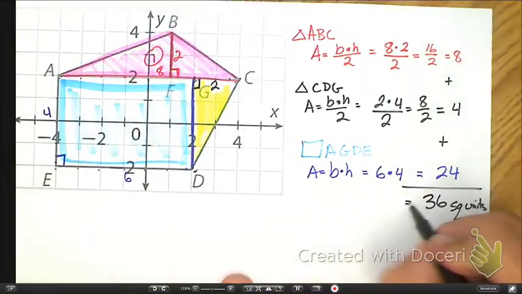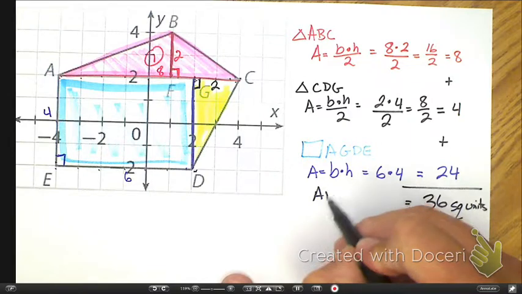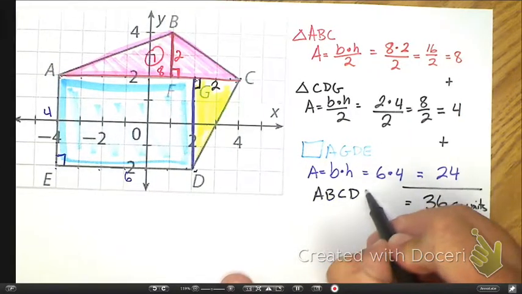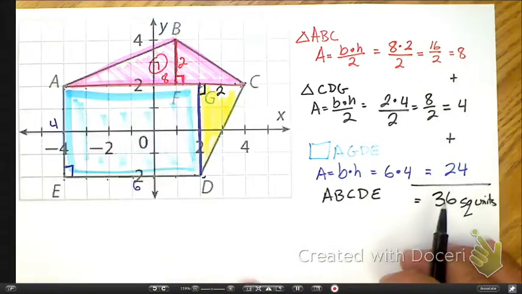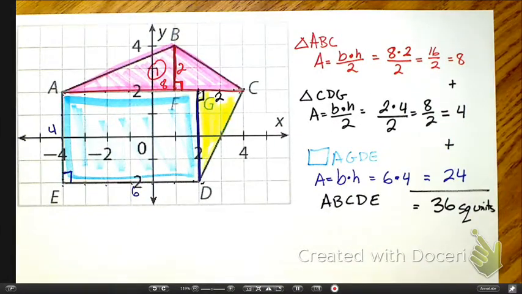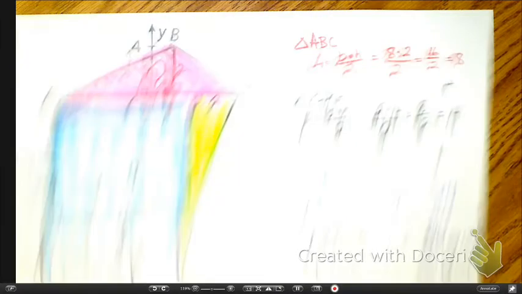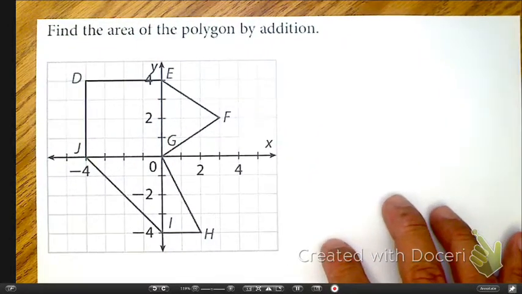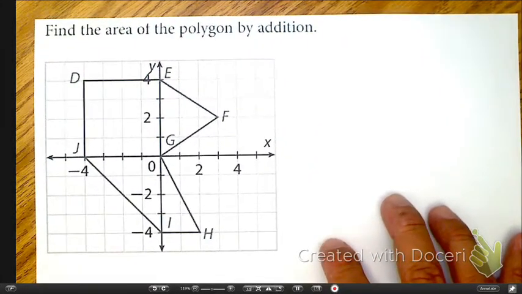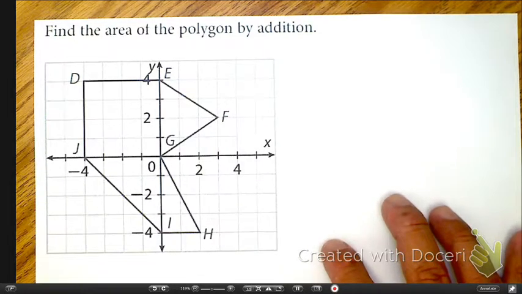This pentagon A, B, C, D, E has an area of 36 square units. Example 1 done. Example 2. Another find the area by addition problem.